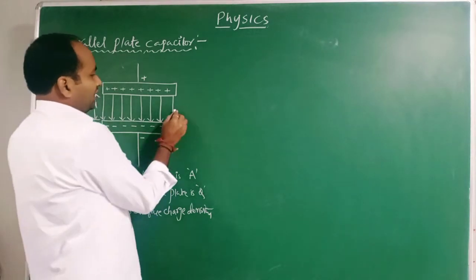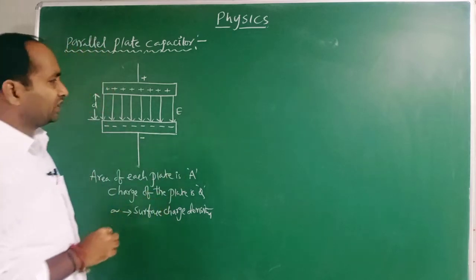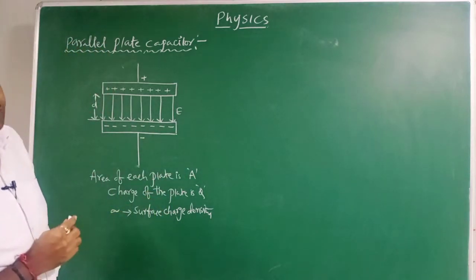This is the direction of E here. What is the electric field intensity between the plates?